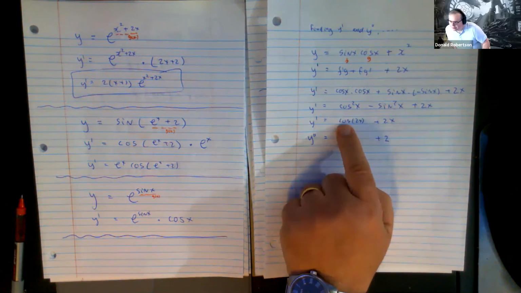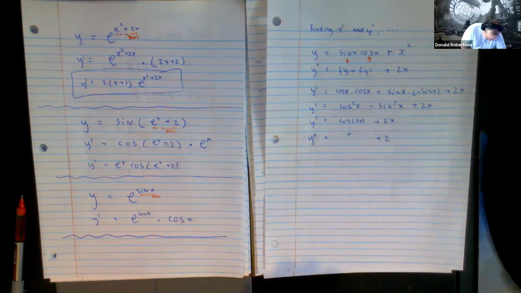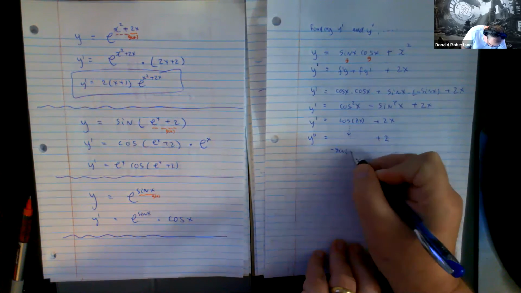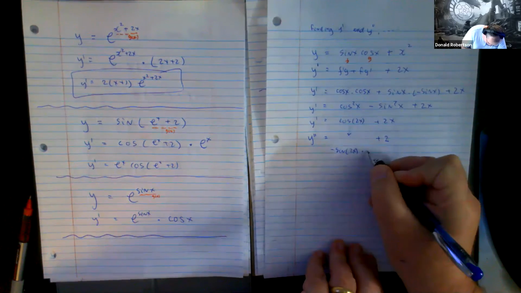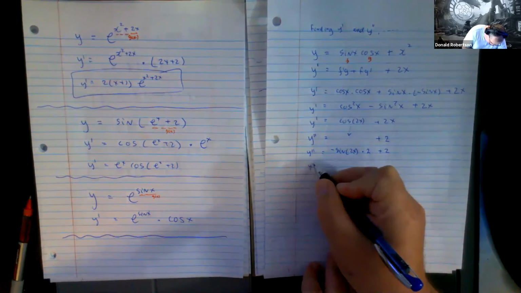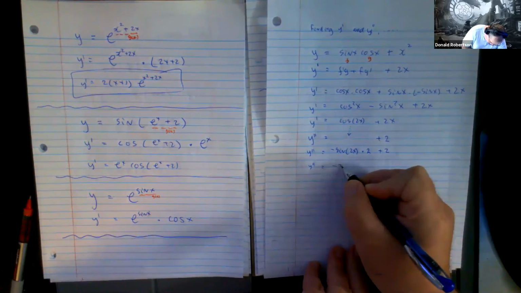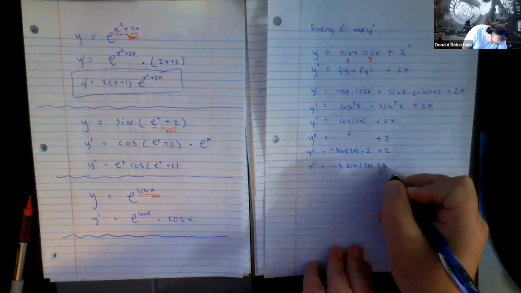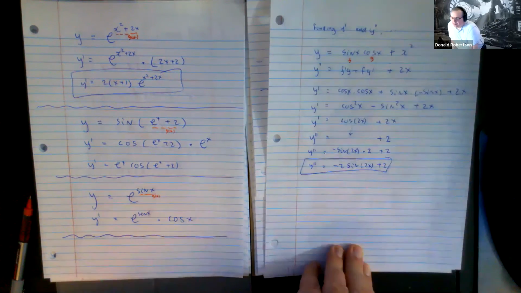It's a cosine of something. Now, if you want to differentiate the cosine of something, don't you get negative the sine of something times the derivative of the something? So it's -2, the sine of 2x, add 2. There, we've now finished that question.